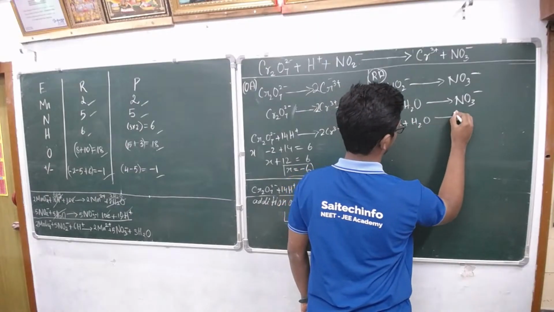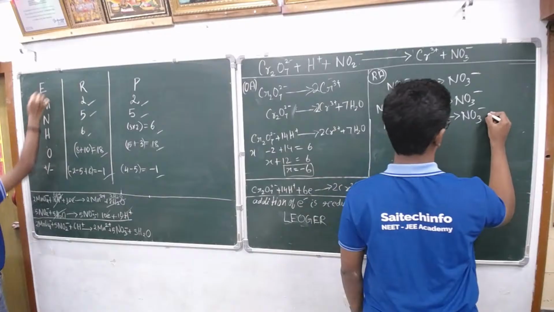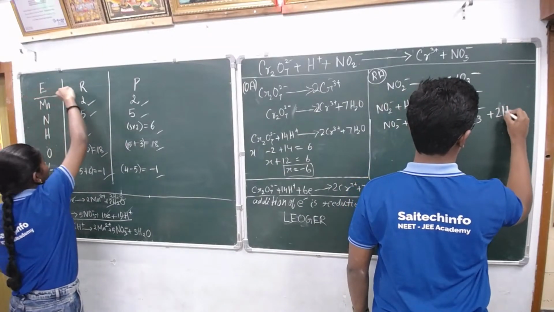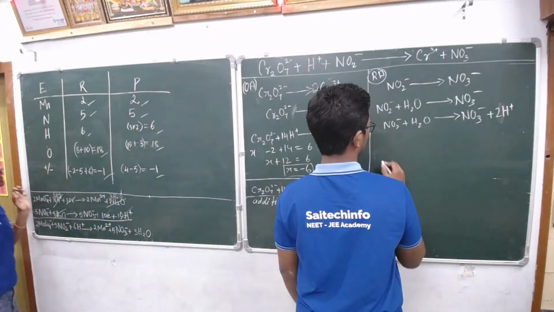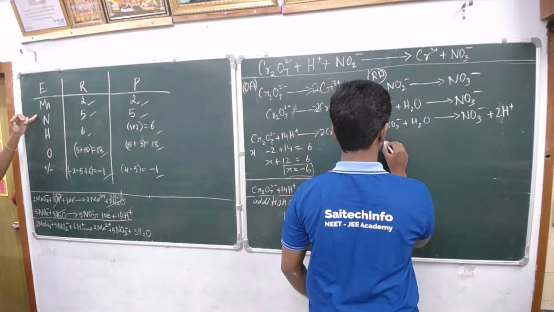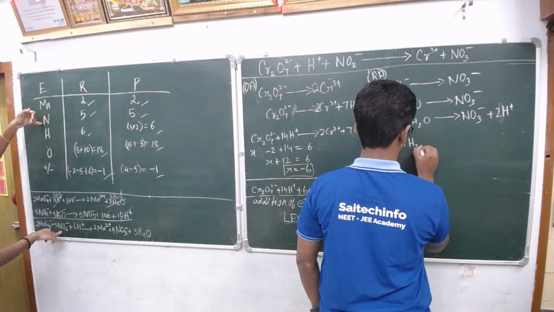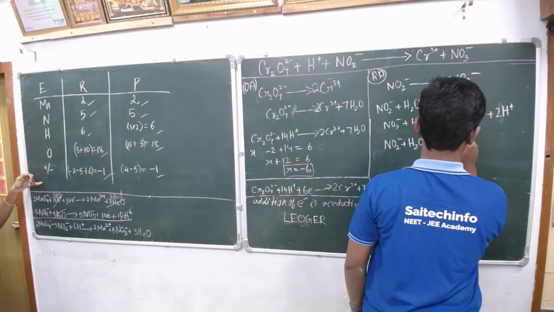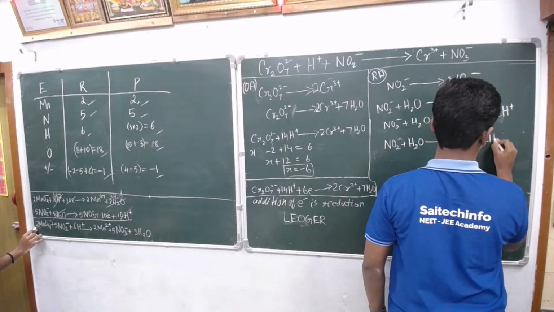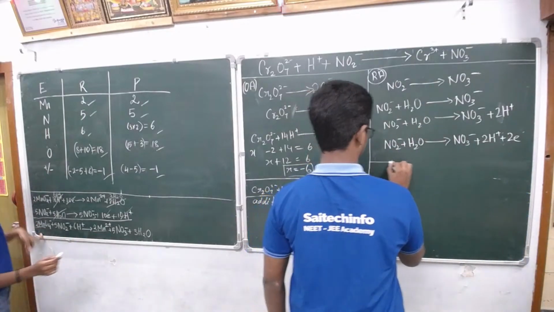Just a minute. You can proceed, you explain. So E is nothing but elements, reactant and product. In elements we have Mn, nitrogen, hydrogen, oxygen and charge. If we see Mn, we have 2 Mn in the reactant side and 2 Mn in the product side.